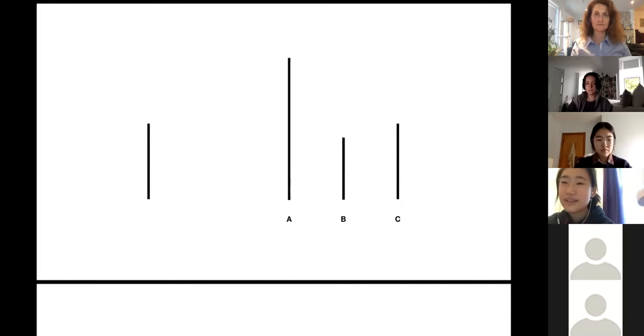Can anyone tell me which line corresponds to the one on the left? Sydney and Ronton said C. You're all saying C. Good. Is there anyone who disagrees with this? I hope not. Okay, good.